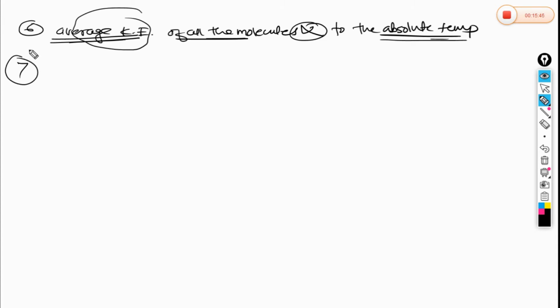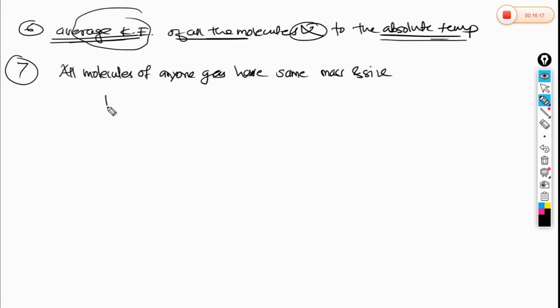The seventh postulate is all molecules of any one gas have the same mass and size, but they differ in these from gas to gas.